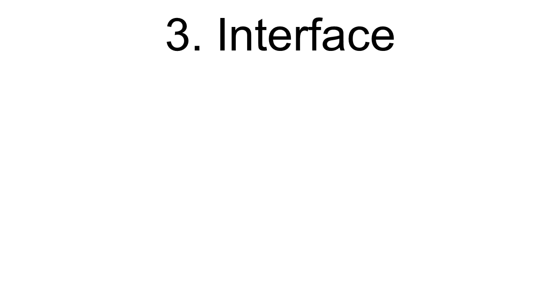Number three, you will need to know what interface you are on. You will most likely be doing this on Wi-Fi, but you can also do this on Ethernet. The way that you can figure out what interface you're on is you make sure that you go to a terminal and then you type in ifconfig, and then it'll show you.